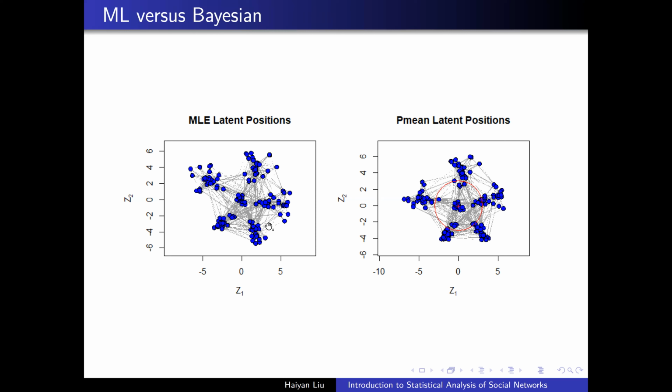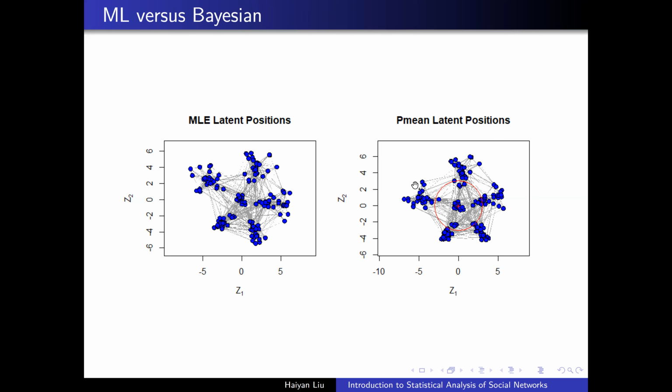We can notice that there are 6 clusters, because we have 6 groups of students. Within those groups, they stay closer to each other. Now, on the right side, we also plot the positions of the students in the latent 2-dimensional Euclidean space using their latent position estimates obtained from the Bayes framework.